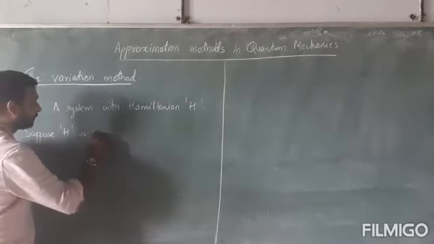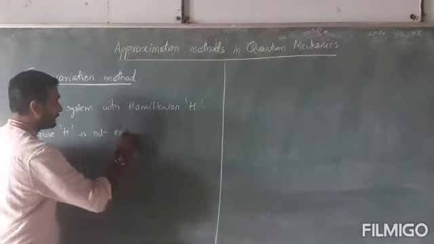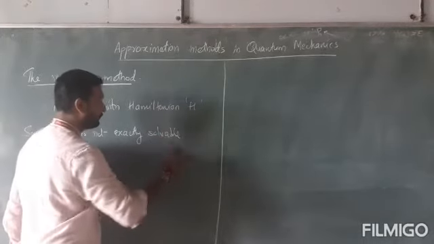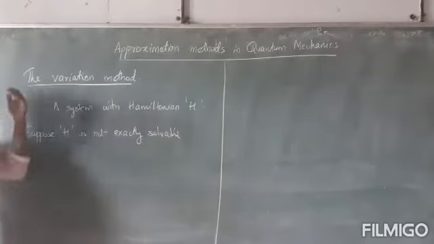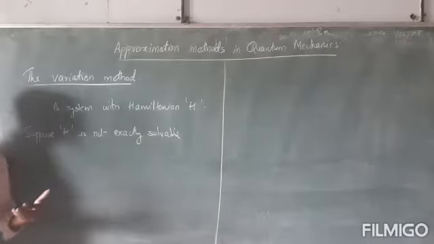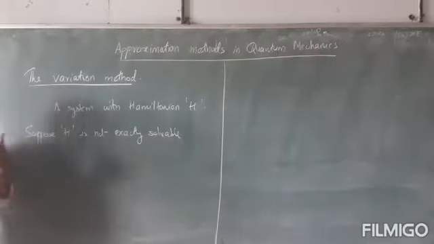Then we can use this variation method to find the approximate value of the energy, maybe the ground state energy or the first excited state energy, second excited state energy, and so on.